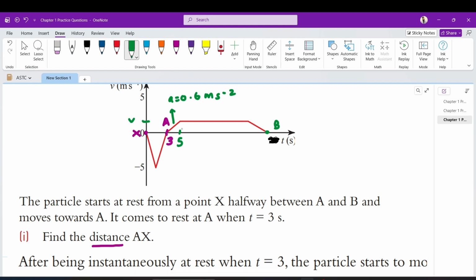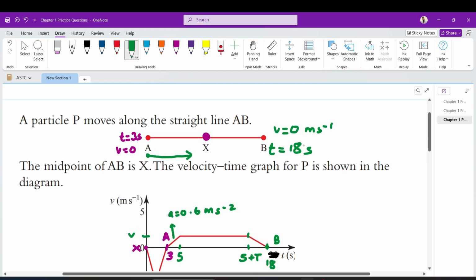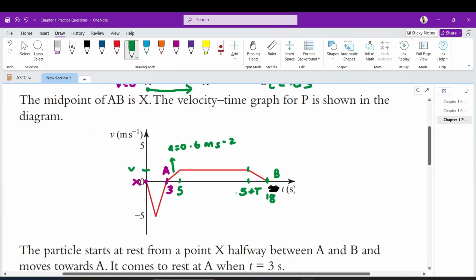The starting time was 5, so 5 plus t would be the time over here. And what we have figured out is that the total time would be 18. That's a good way of labeling the graph, so that once you're doing calculations from the graph, you can see clearly what the values are at every point.